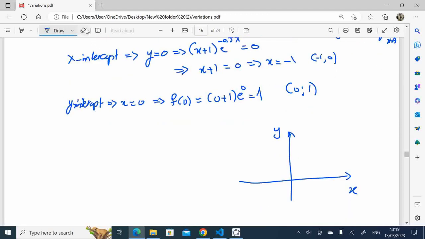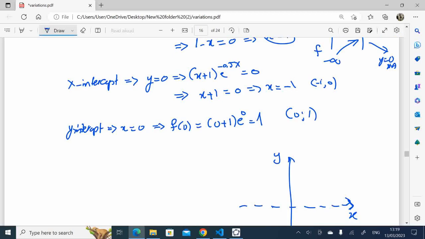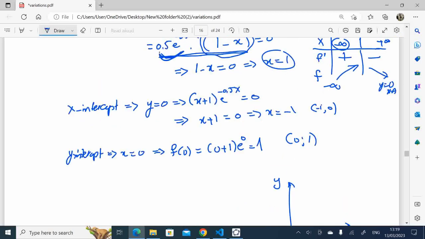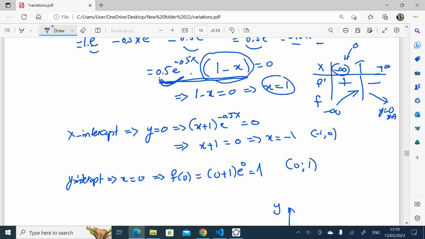So let us draw the x-axis as a dotted line. This is the horizontal asymptote. Now once I draw the asymptotes, let us draw the maximum. The maximum here is with abscissa 1.